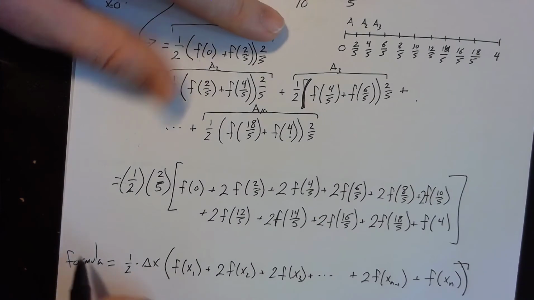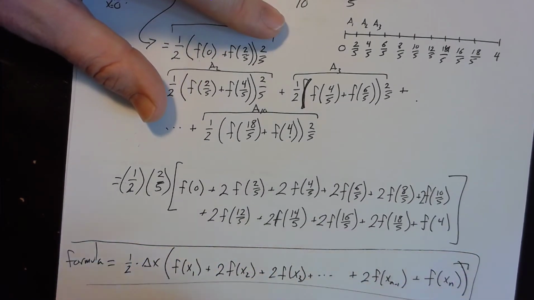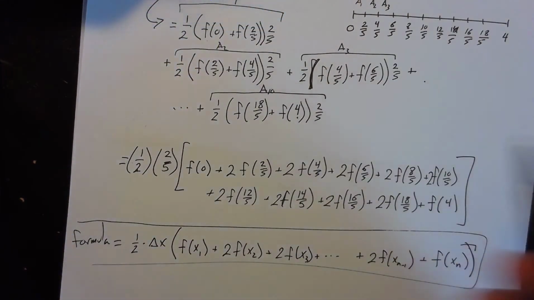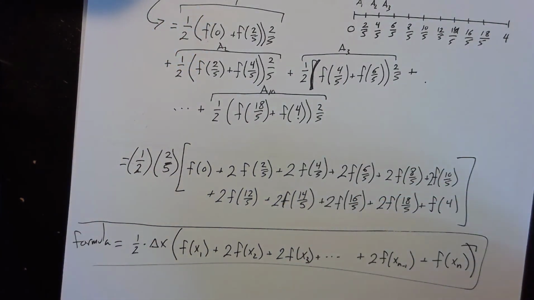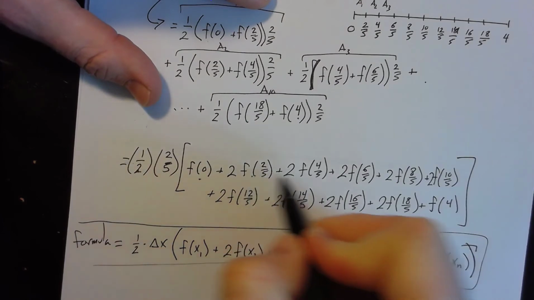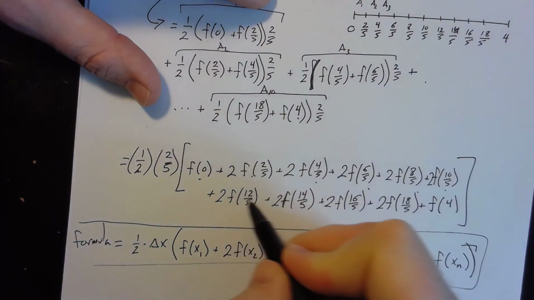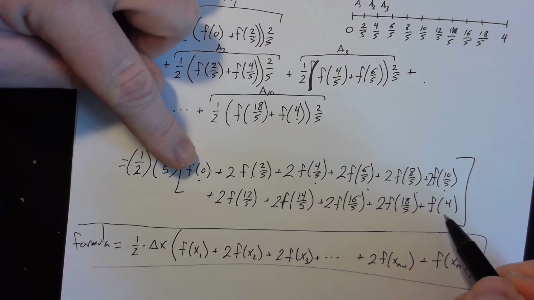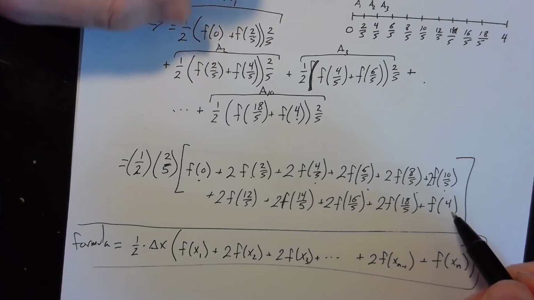So this is the actual formula that we can follow that cleans up some of the work, so we don't have to do these area formulas every single time we do the trapezoid rule. In the end, we simply evaluate each of these, multiply the appropriate ones by 2, and condense and simplify the remainder of those values.